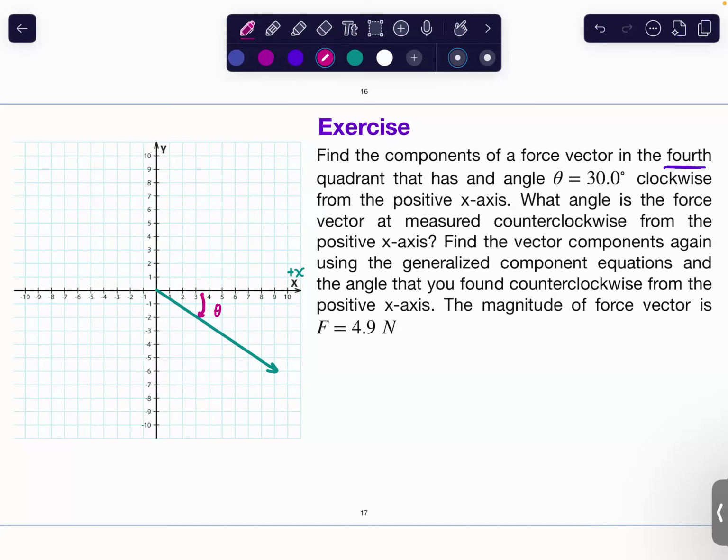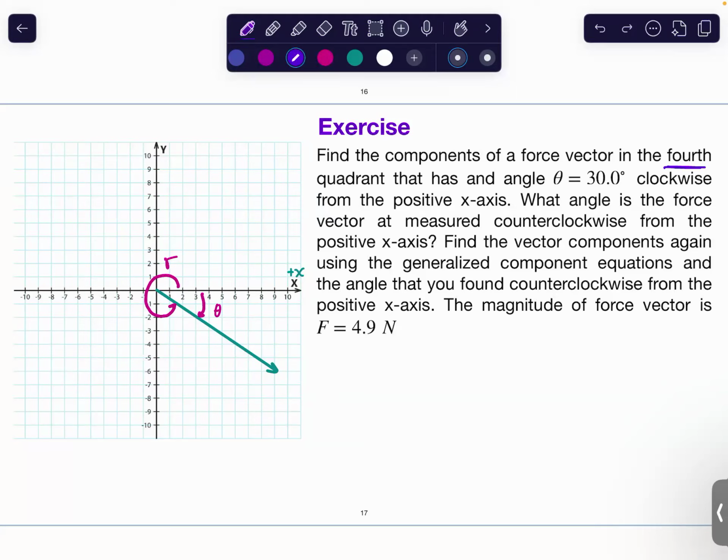That's your angle theta. The other angle you have to analyze is counterclockwise from the positive x-axis, that angle there. So gamma. Our theta is 30 degrees.